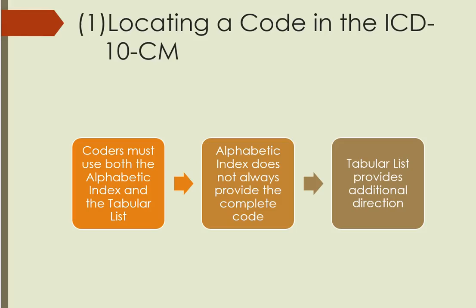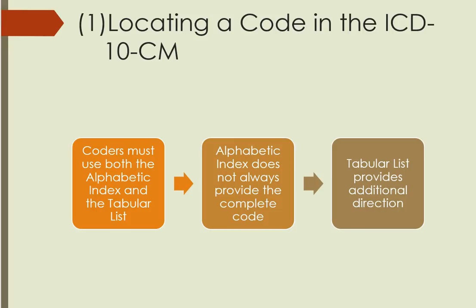Let's begin. First is guideline number 1, which speaks to the process for locating a code in ICD-10 CM. As we discussed in our first segment, coders are required to utilize both the alphabetical and tabular lists to locate their particular code.